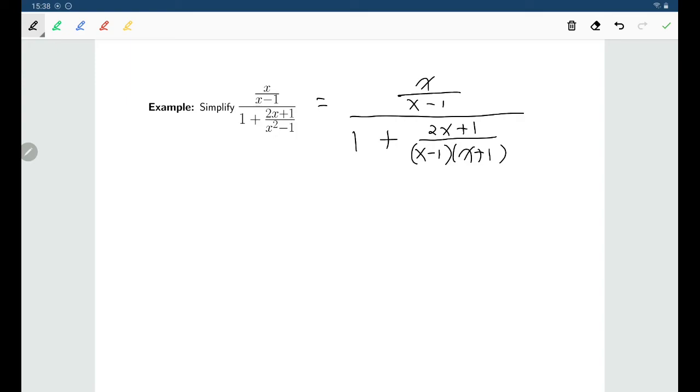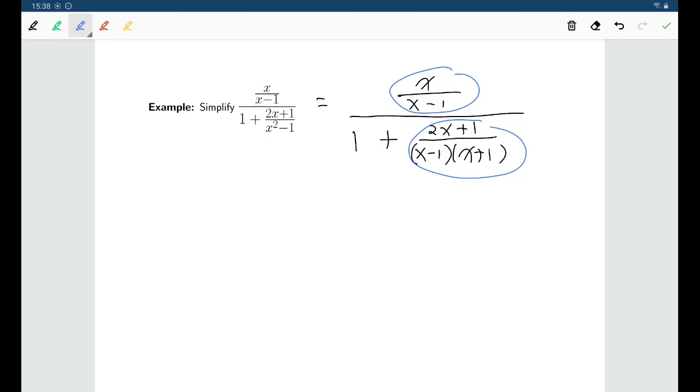And so the idea for this is that we're going to look at all of our fractions that we have, and here there are only really two fractions, this one and this one, and we'll ask ourselves what would be the common denominator for those fractions. And whatever that common denominator is, we're going to multiply all terms, top and bottom, by that common denominator.